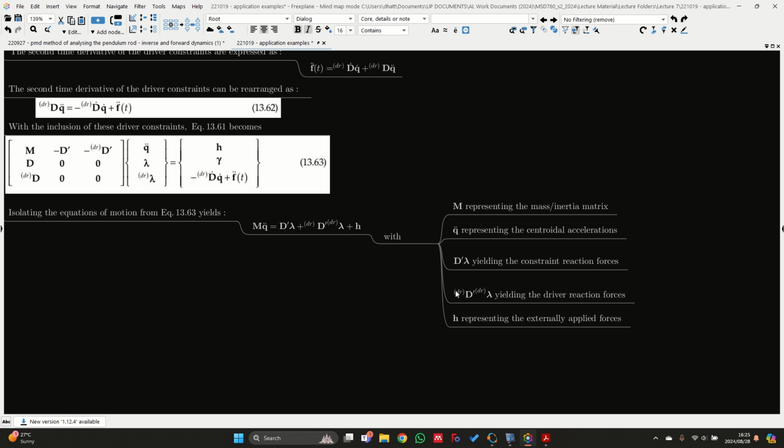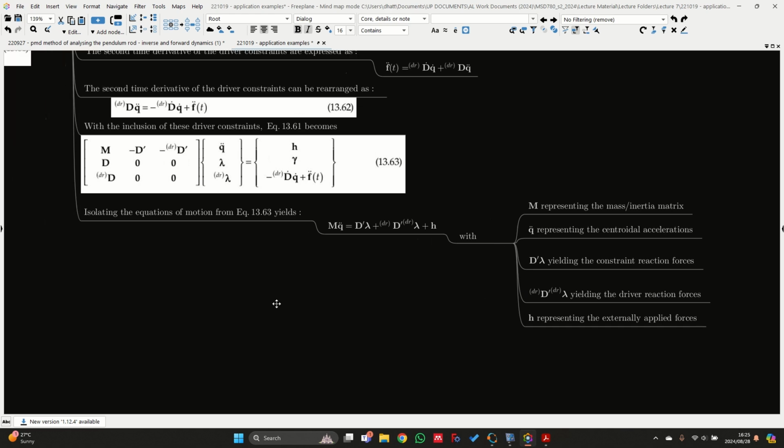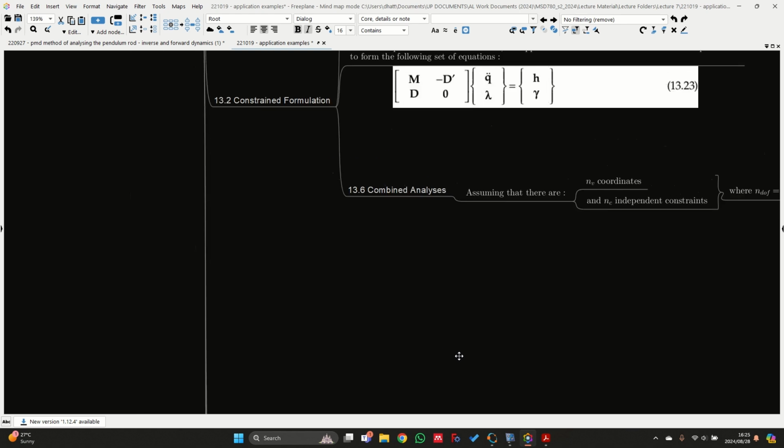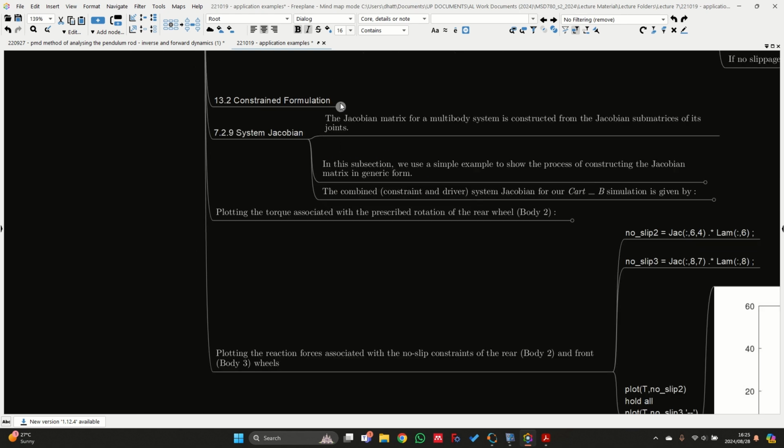The one we are most interested in is the driver Jacobian matrix multiplied by the driver Lagrange multiplier, because these will yield the driver reaction forces. Okay, so that's just more from a mathematical perspective that we're considering that.